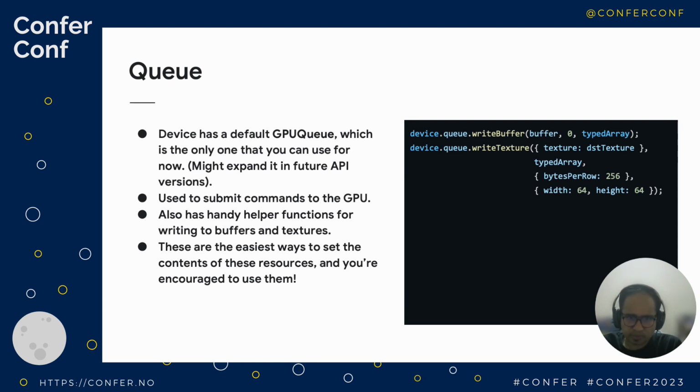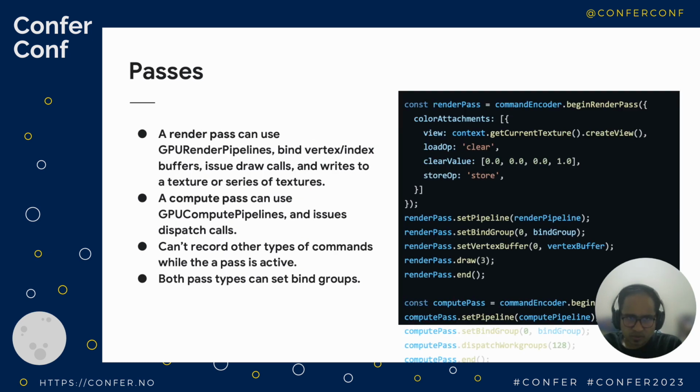This is used to submit commands to the GPU and also has a handy helper function for writing to buffers and textures. When you begin a render pass, you give it information about the various attachments it will be outputting to, as well as how to handle loading and saving them. This is where clearing happens, as well as setting up multi-sample resolves for the end of the pass.